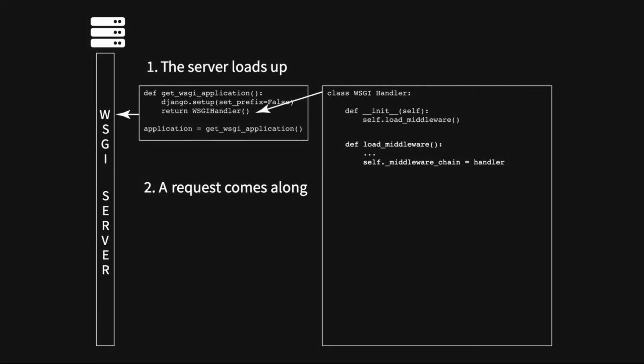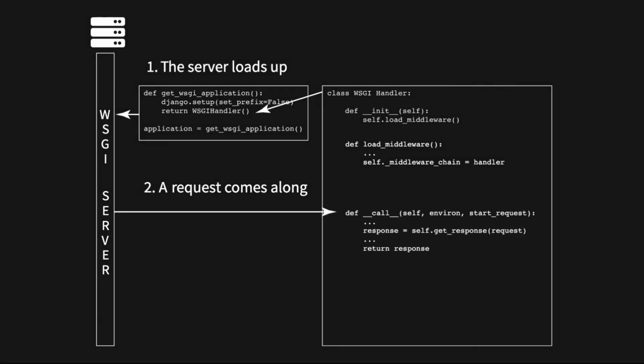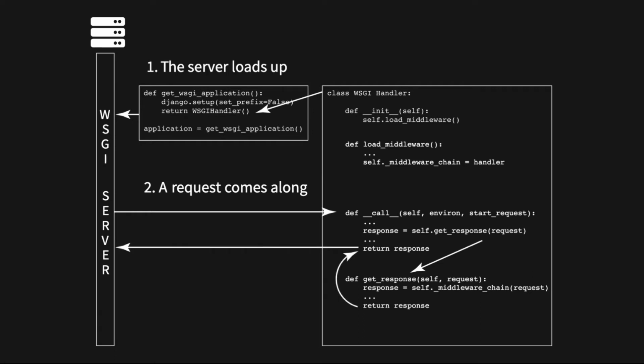And then later on, when a request comes along, the server calls the call method of our WSGIHandler. We make a request object and call getResponse. GetResponse passes that request object onto this function that we've built, middleware-chain. And then we get a response back, which is passed back to the server and then back to the client side.